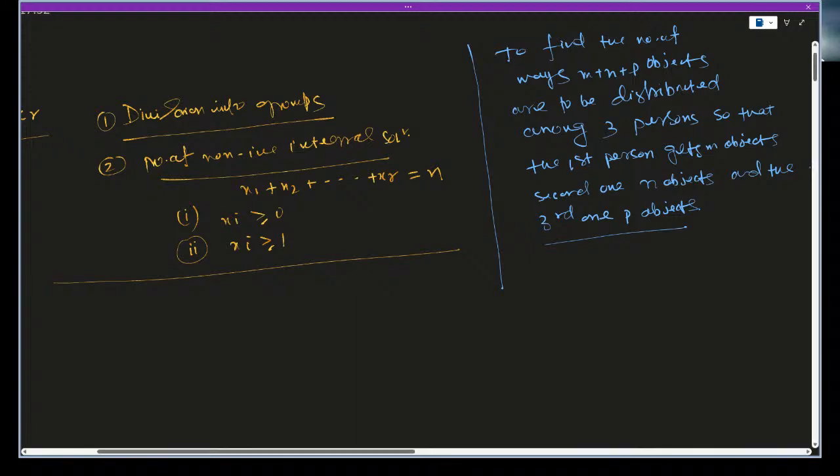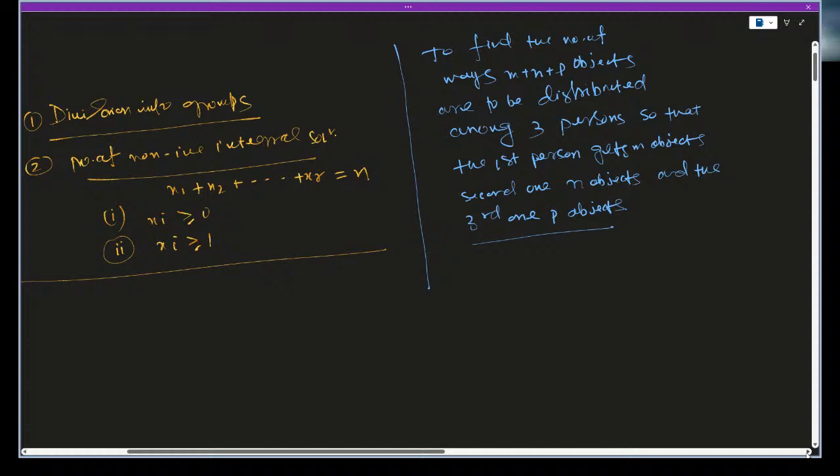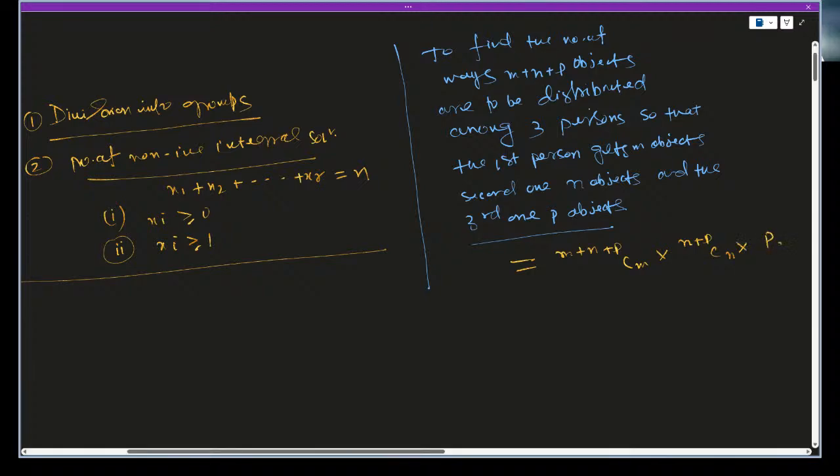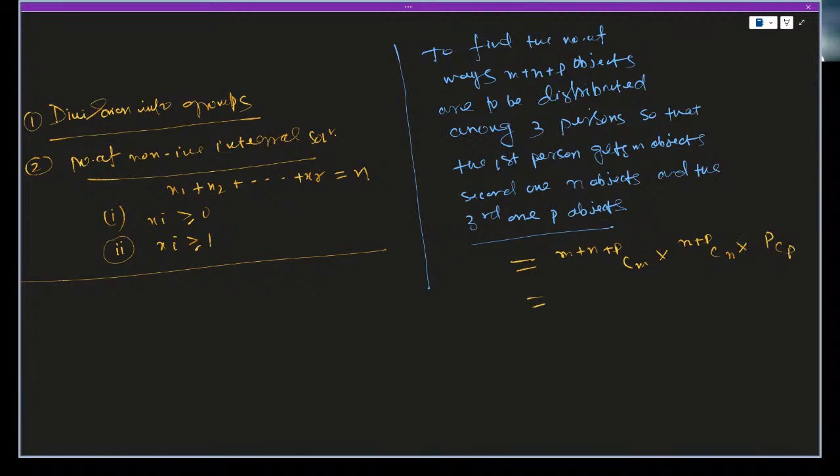In your school examinations, this kind of division was not there because CBSE has removed it from the syllabus. So by using the basic concept of combinatorics, we write: m plus n plus p choose m for the first one, then n plus p are left, choose n, and then p objects are left.